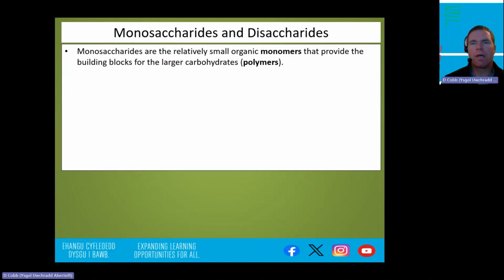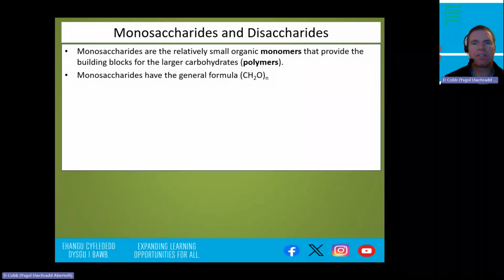The terms monomer and polymer are not specific. They can be applied anywhere where lots of the same unit are joined over and over again. But when we're specifically talking about carbohydrates, we don't need to say monomer, which is a general term. We say monosaccharide, which specifically relates to carbohydrates, and the same for polysaccharides.